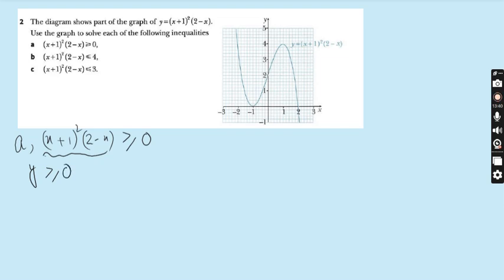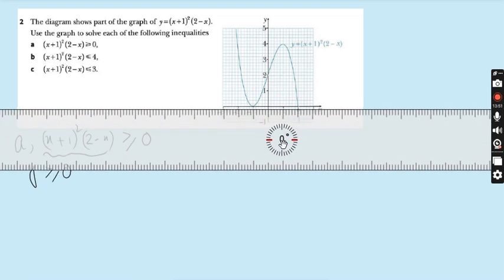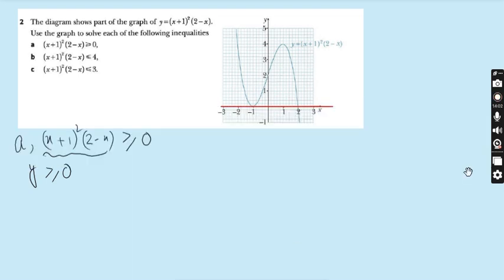Obviously y equals 0 is the x-axis. So we have to draw a line, y equals 0. It means x-axis. So just draw the line. Now see the sign of inequality.